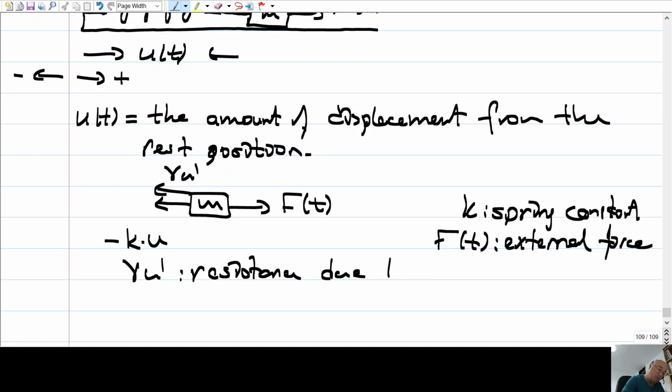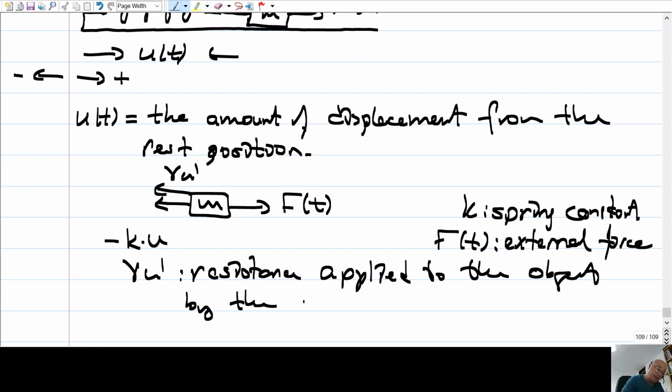This is the resistance applied to the object by, let's say, the table, and it is proportional to the velocity. So if the object is not moving, then there is no force applied.